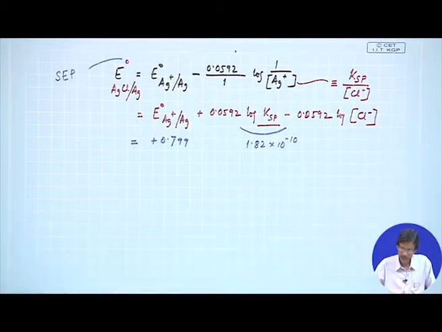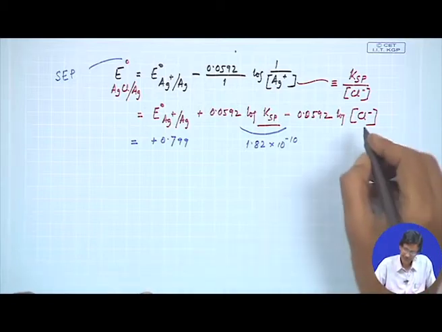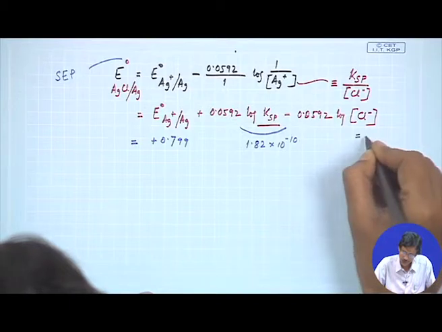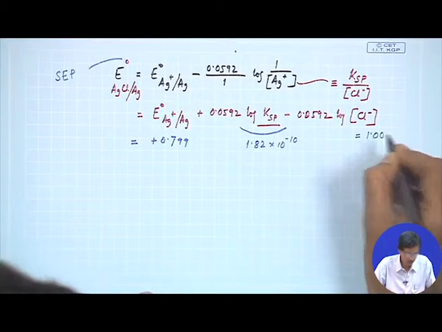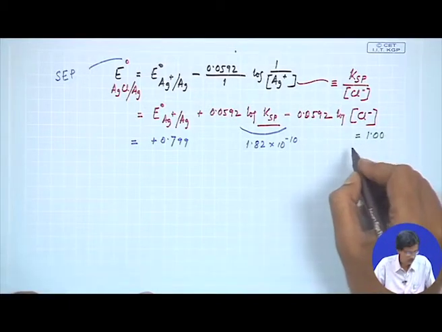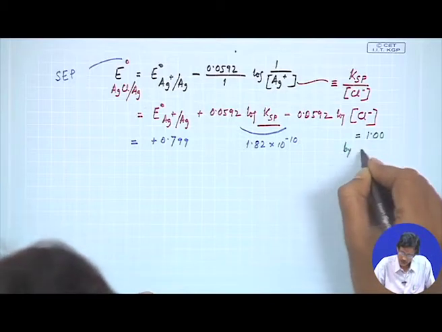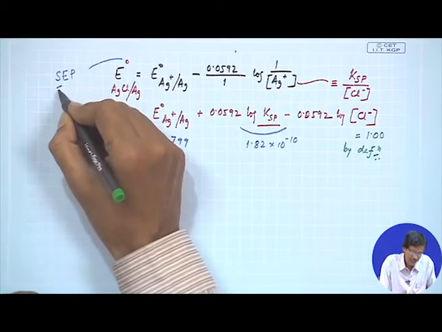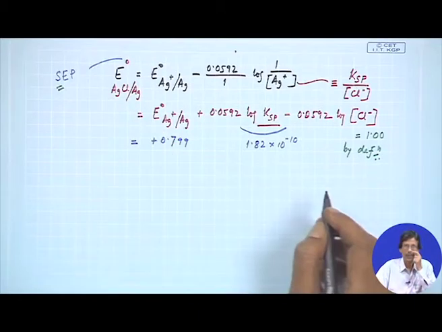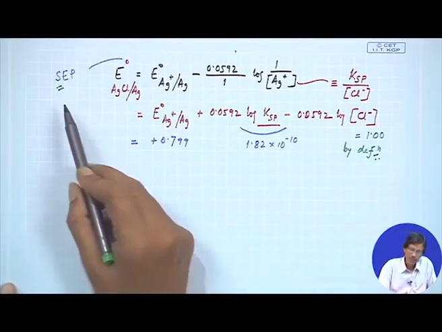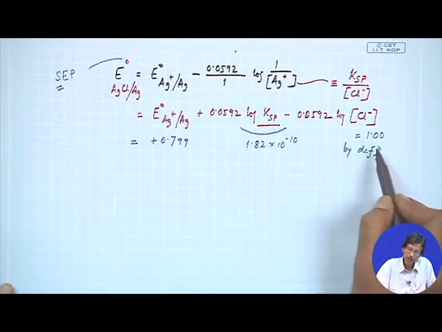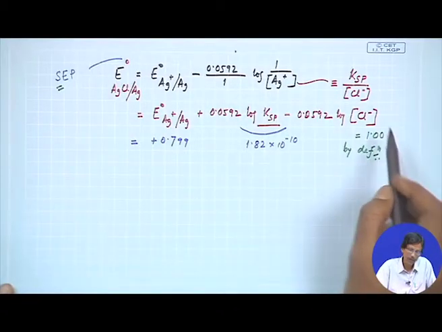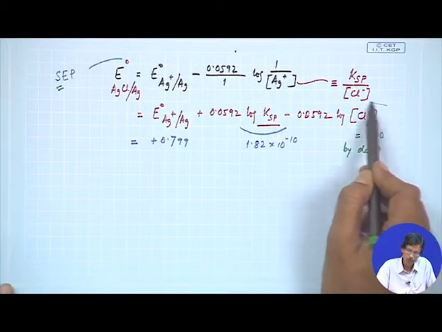By definition, for the standard condition its activity should be equal to 1.00. So, for the standard condition, your Cl value is 1.